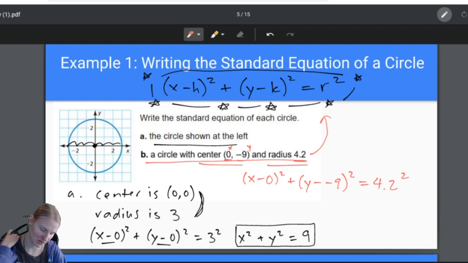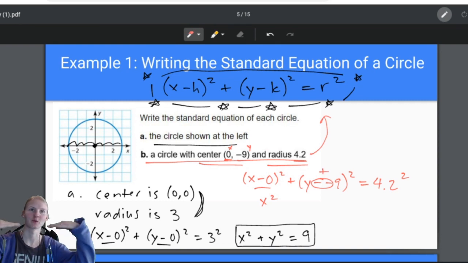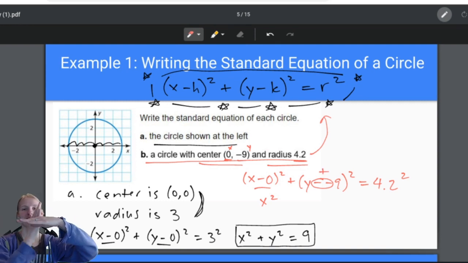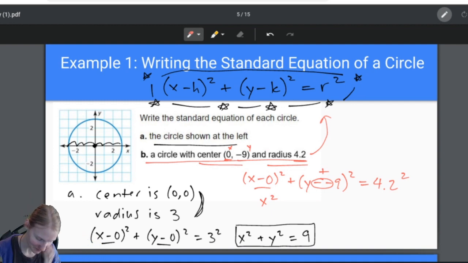Okay, now let's clean this up a little bit. Remember x minus 0, that's just x squared. And, oh, what happens when I have two negatives next to each other? I have minus a negative. Remember, when I have minus a negative, they come together and become positive. Come together and become happy. So this is actually (y plus 9) squared.